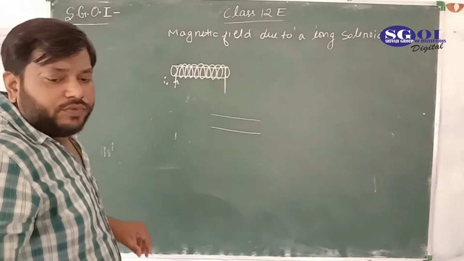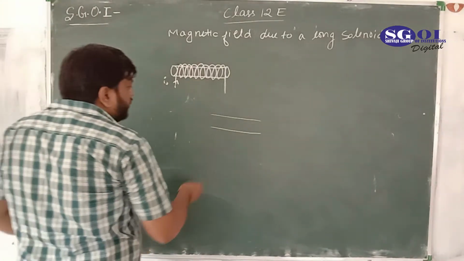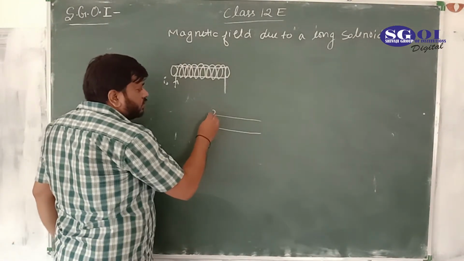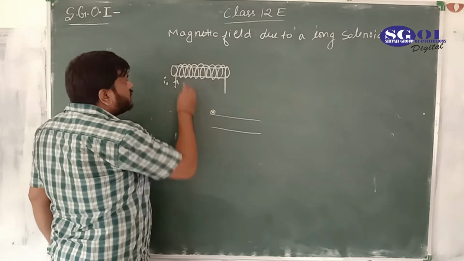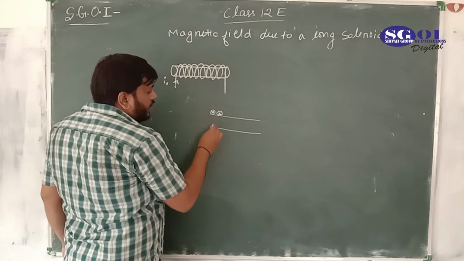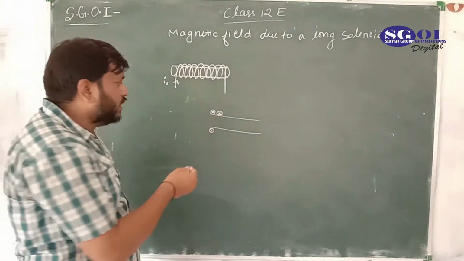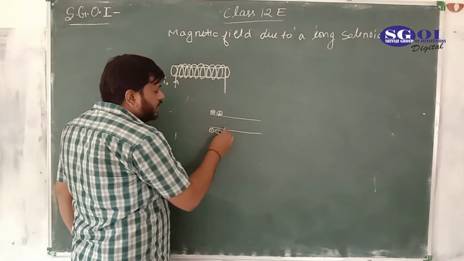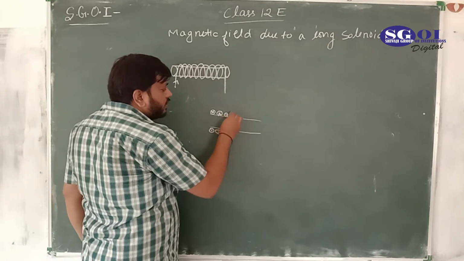We know that the symbol for inward is a cross, and for outward a dot. So this is cross, and again cross, dot. Current going inside, coming outside, going inside, coming outside. So these are the directions of current.